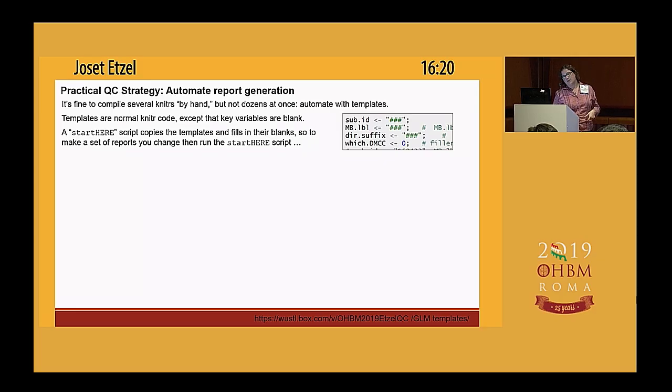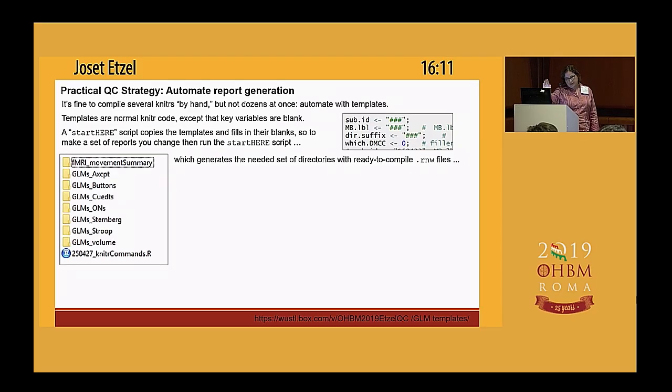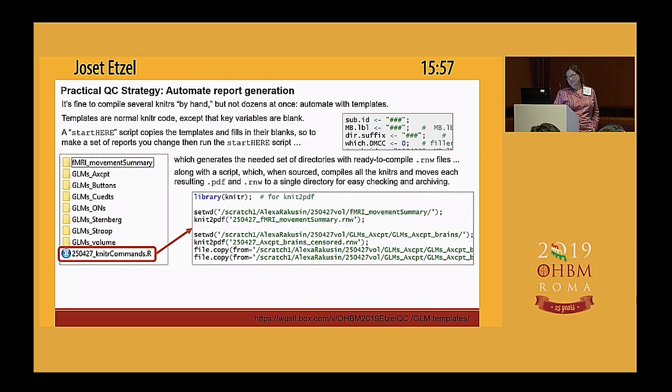They open up the start here script. They write in the subject ID and a couple other things, such as which session they want to run. They run the script, and it makes this entire directory structure and puts that subject's information into all of the source knitr files. So if I open this up, there would be a couple dozen knitr files in these directories. And then I also have this knitr commands file.